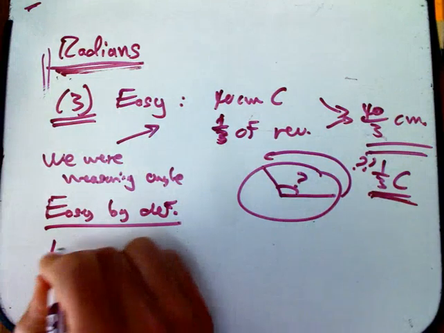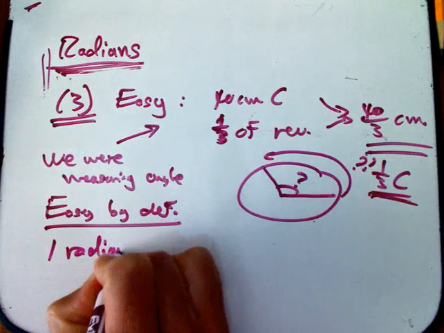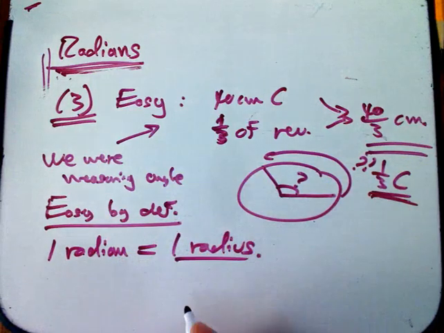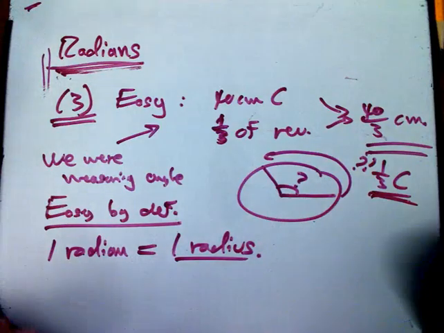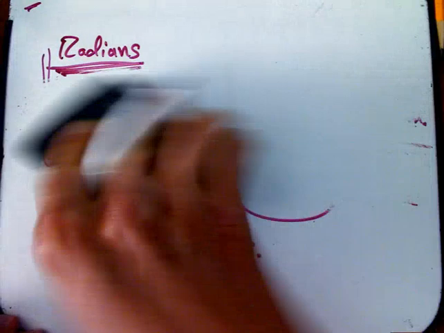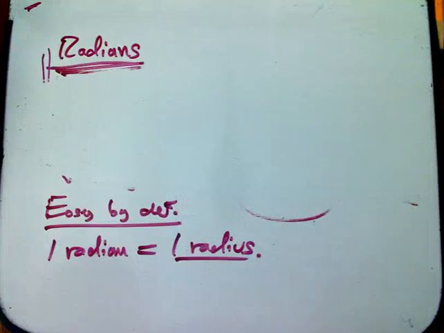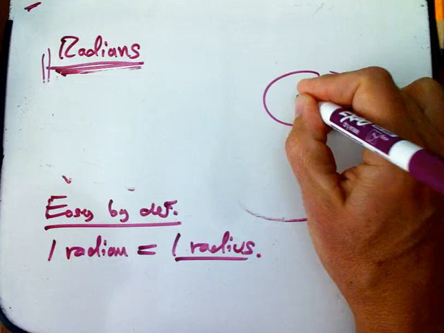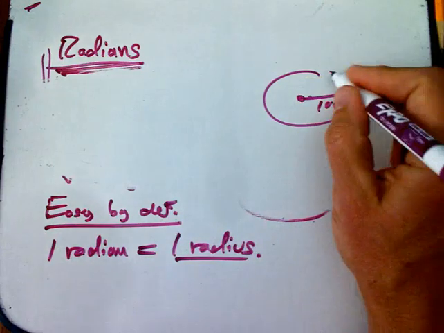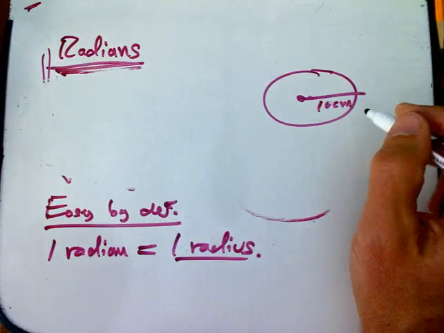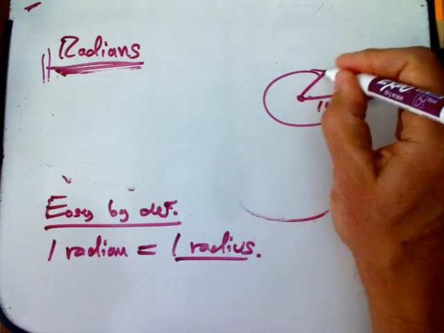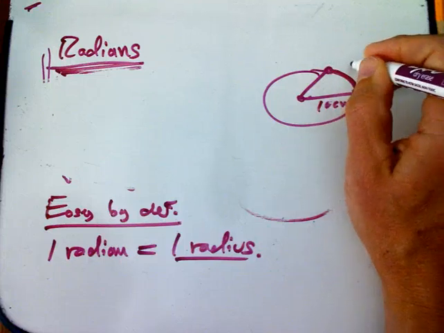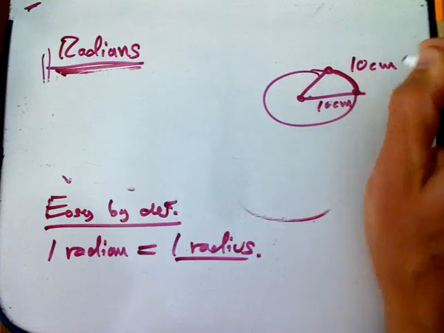So 1 radian. The idea is simply that 1 radian is 1 radius. Here's what that means specifically in an example. Suppose I have, let's go back to this 10 centimeter radius circle from number 5, and I'm going to let that revolve, and I'm going to purposely let it revolve so that I go 10 centimeters.